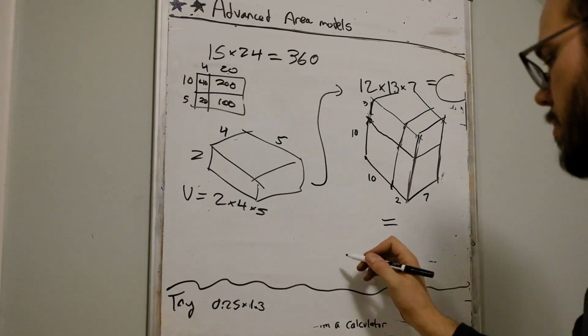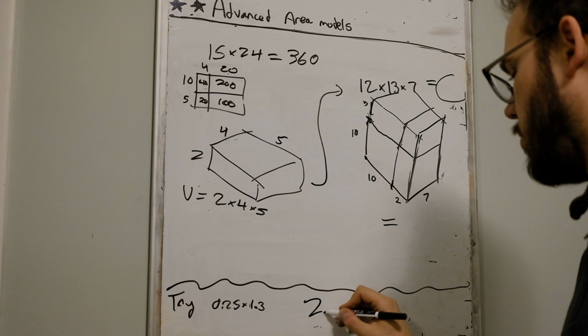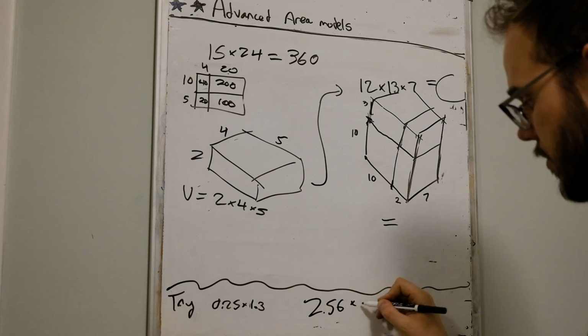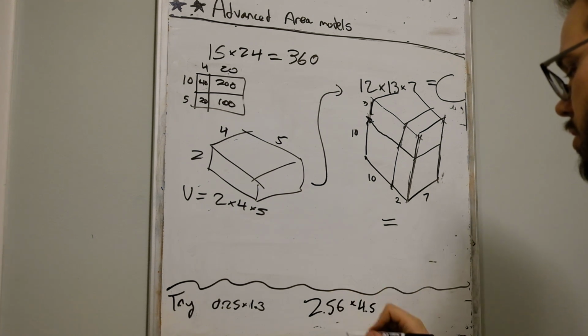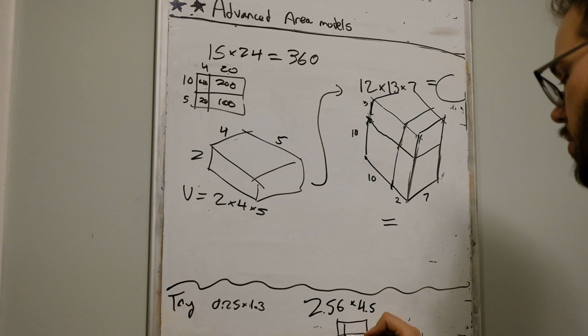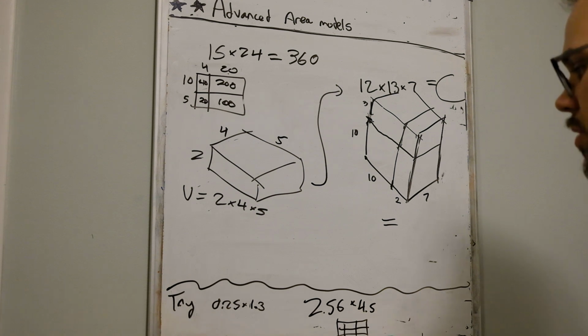Or maybe try 2.56 times 4.5. So you're getting into 3 digits, but in just 2 dimensions.